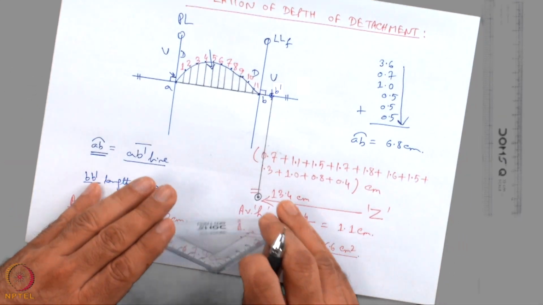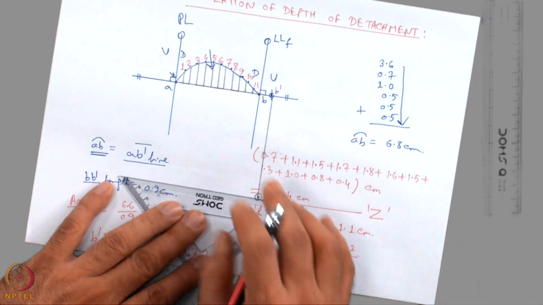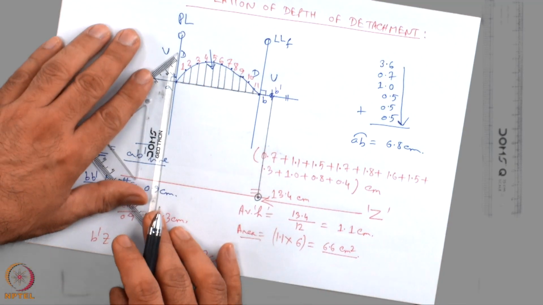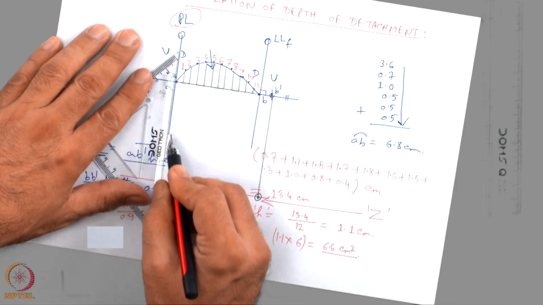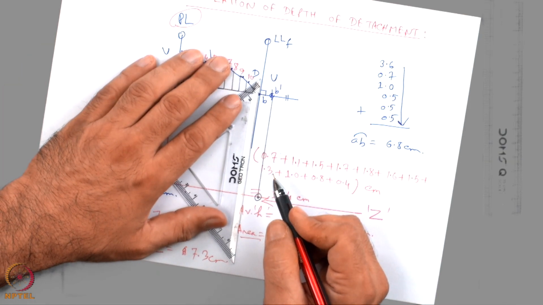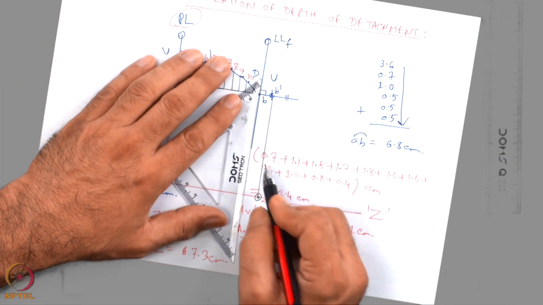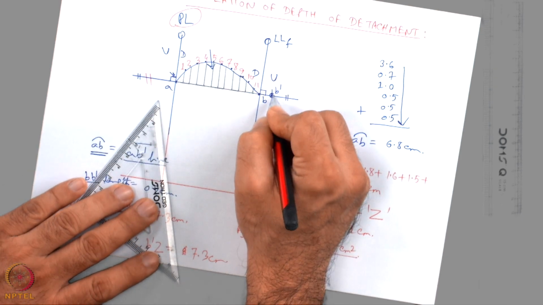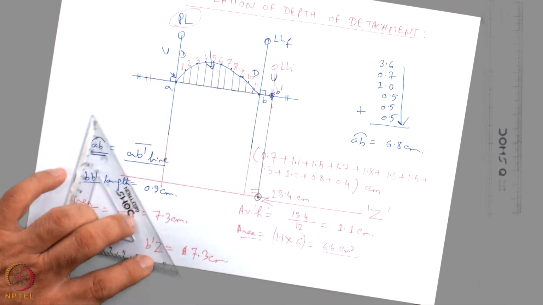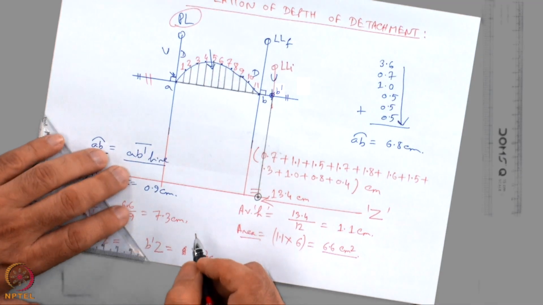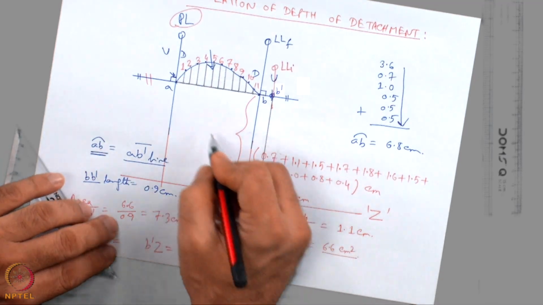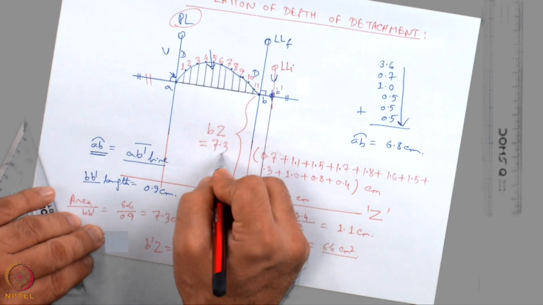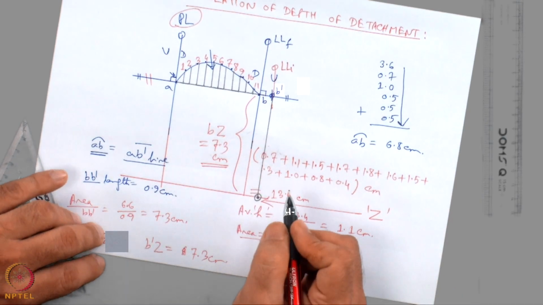Next, we draw a line parallel to this line passing through the point Z. Extend the pin line downward, extend the loose line final and recognize this line as the loose line initial. Now, we say that this depth, which is the same as BZ, which is equal to 7.3 centimeter, is the depth of the detachment.